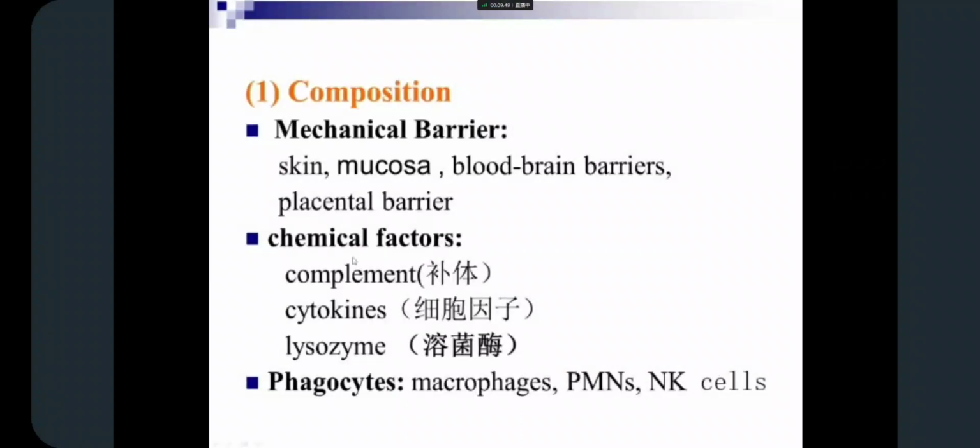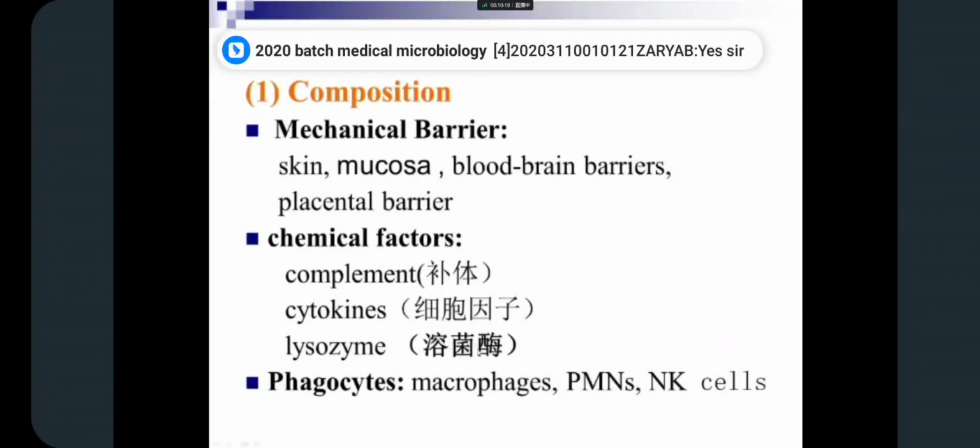The secreted products include complement, in Chinese 补体, cytokines, in Chinese 细胞因子, and lysozyme, in Chinese 溶菌酶.